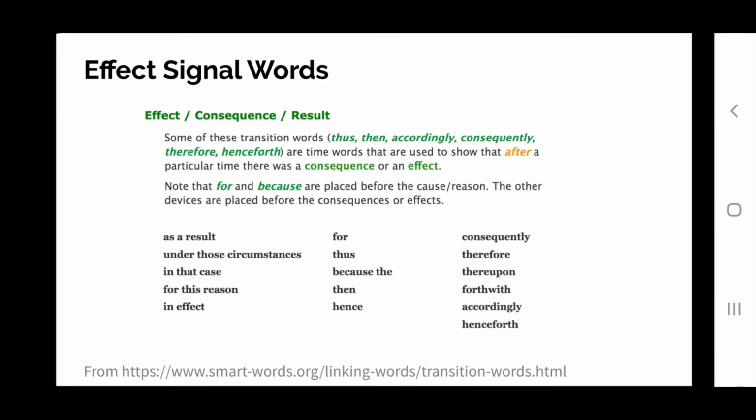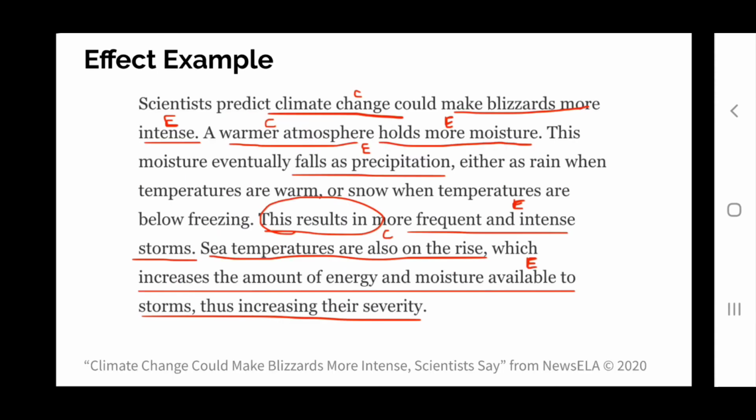Here are effect, consequence, or result signal words. Okay? You can go ahead and pause here if you need to. So here's our effect example from climate change could make blizzards more intense, scientists say.